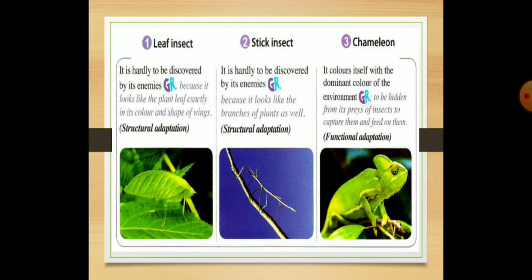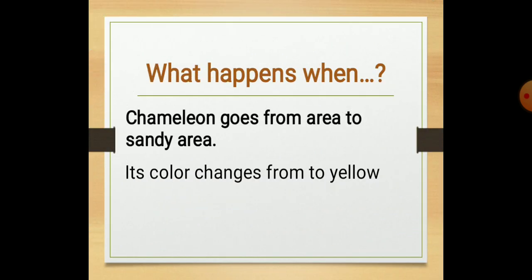So this is functional adaptation. What happens when a chameleon goes from green areas to sand areas? It changes from green to brown.